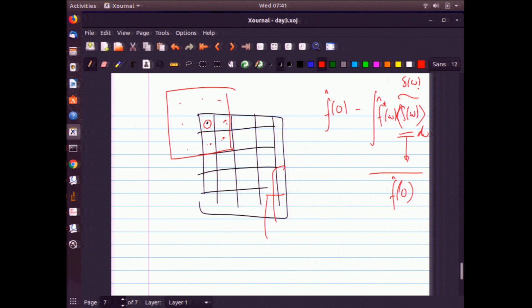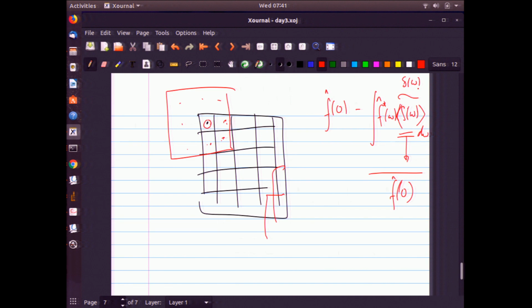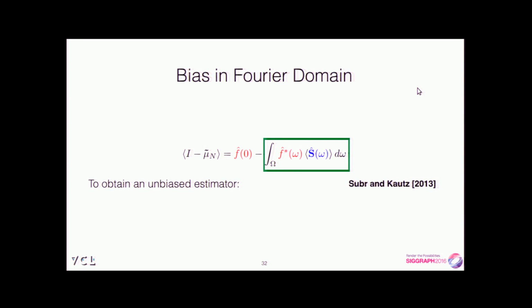You take its peak at 0, then you take f hat of 0, the rest of the integral vanishes, and you get f hat of 0. So if the expected sampling spectrum is a Dirac at 0, then we are done.